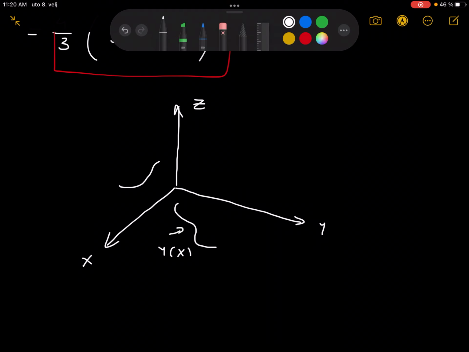And let's say that we have some arbitrary surface above the xy plane, and I'm going to do my best to draw this nicely for you. Okay, this is a bit hard, but hopefully you'll get the idea.